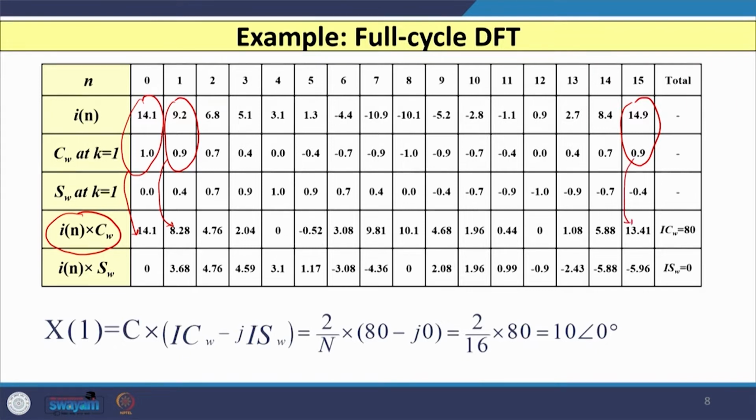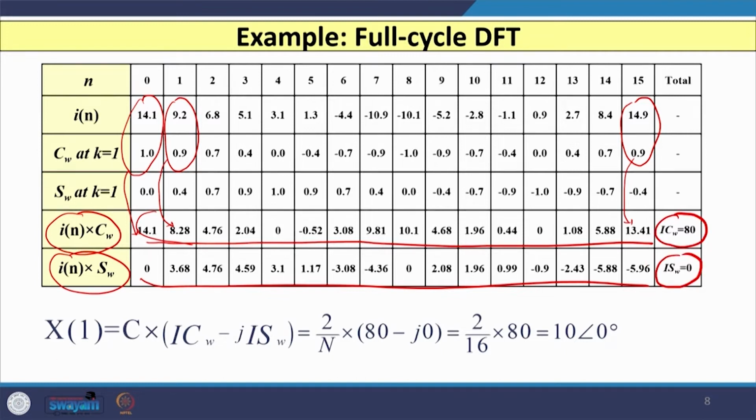In the same way, you can also calculate I_n into S_w by multiplying I_n with S_w. So, you will have the values of I_n into C_w and similarly the values of I_n into S_w. You add all these values here. So, you will have I_cw equal to 80 and I_sw that is 0.